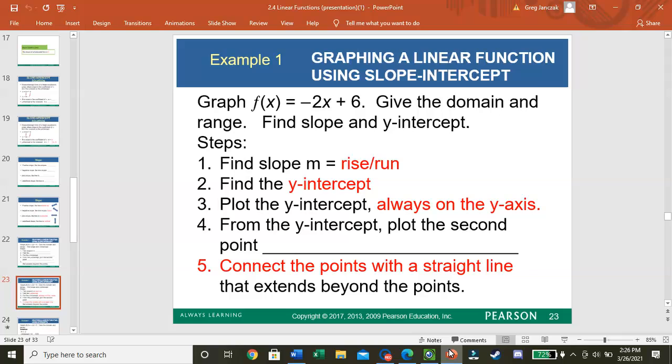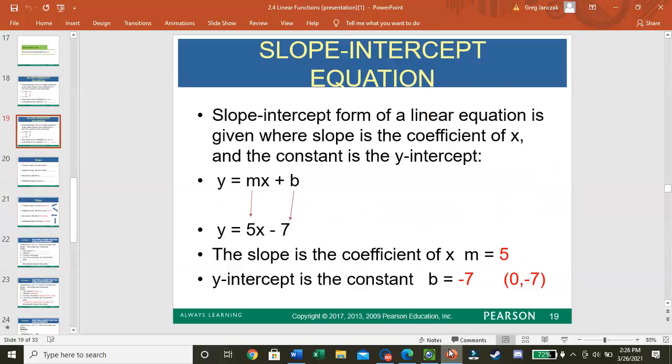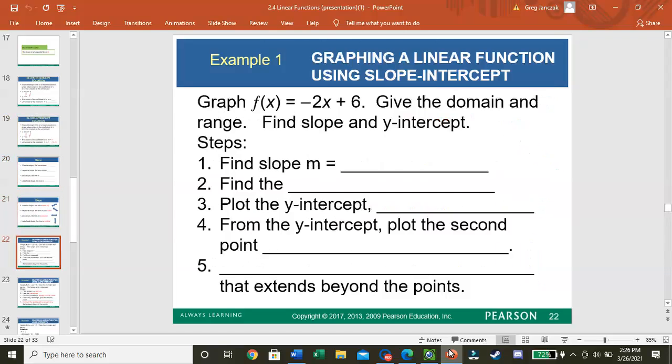All our equations are in slope-intercept form, so you don't have to worry about putting them in slope-intercept form. Then you're going to find the y-intercept. We already did that, right? We said the coefficient of x was the slope, and our constant is the y-intercept.